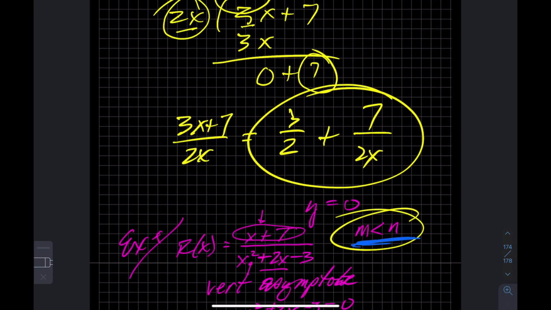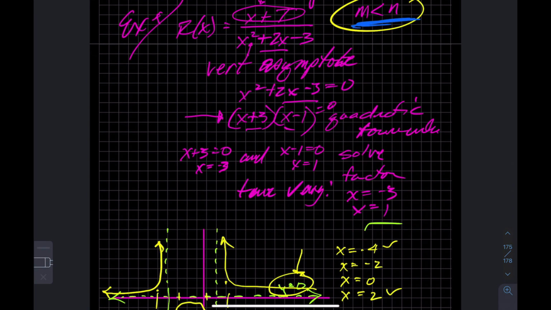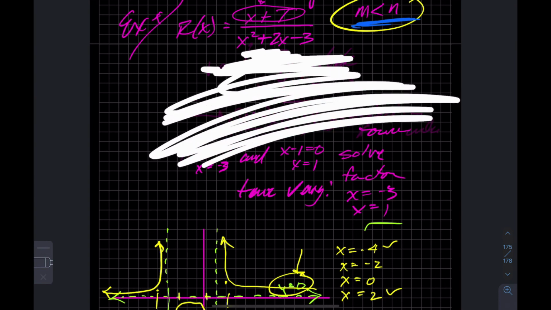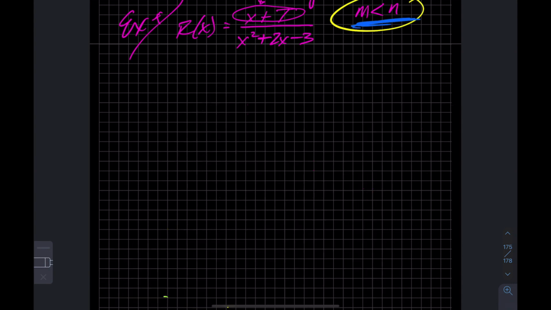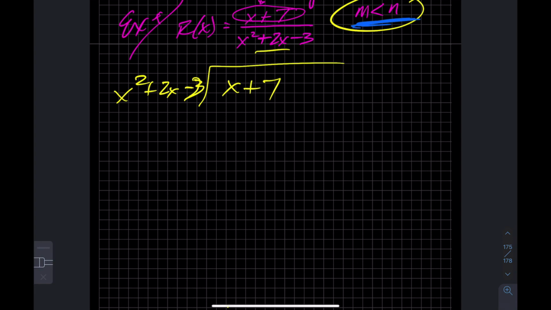By the way, it works that way for all of them. So m is less than n. That's my rational function, right? So let's go clear all this stuff. Let's make some space. And it's going to be x plus 7 divided by x squared plus 2x minus 3. I can't use synthetic division because this is not a binomial. So what do I multiply times x squared to turn it into an x? I can't. There is nothing that'll do that.